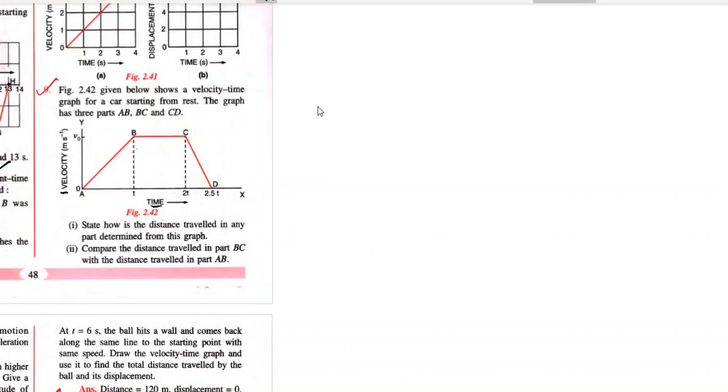Okay, in part AB, see, this is a velocity time graph. If you need to find the distance covered in part AB, you need to find the area under the graph. So distance covered in AB is equal to the area under AB.